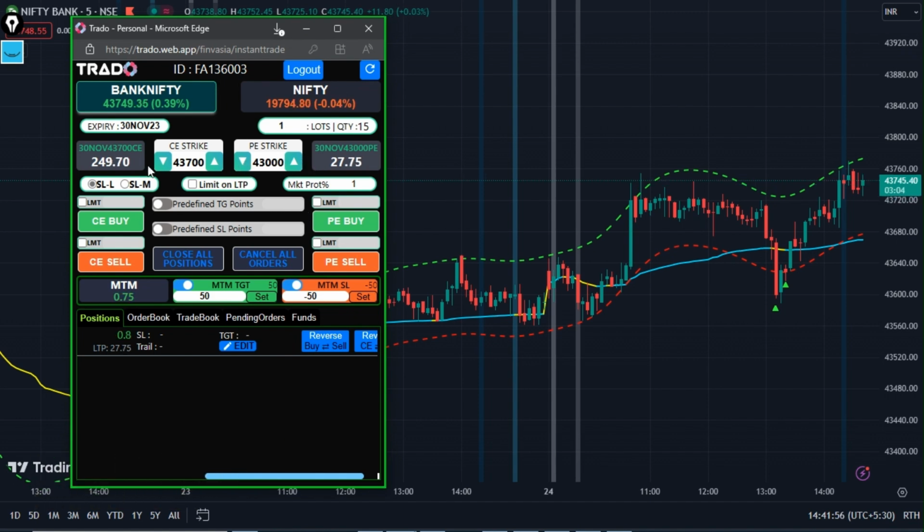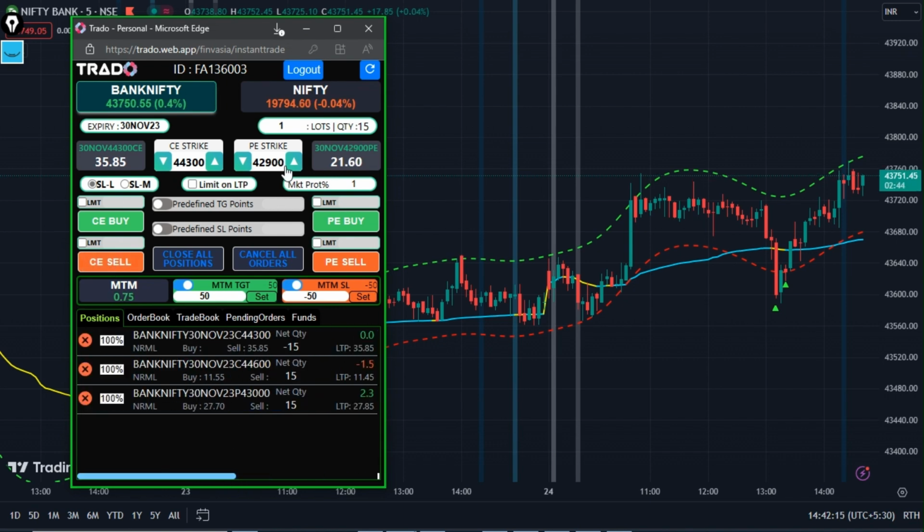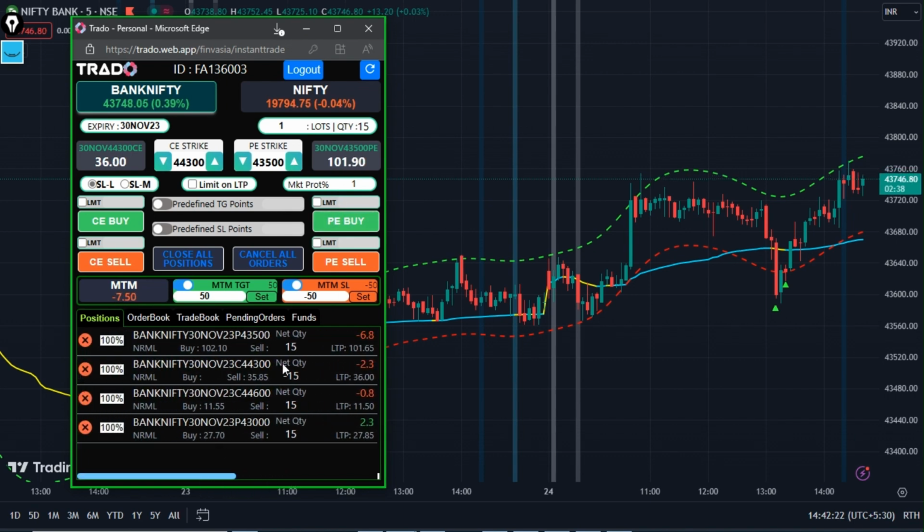I will take some more positions. I will take one sell position also. Before taking a sell position, I need to buy first. I will buy and then take some sell position. Currently I have 3 to 4 positions running, with buy positions and one call sell position.